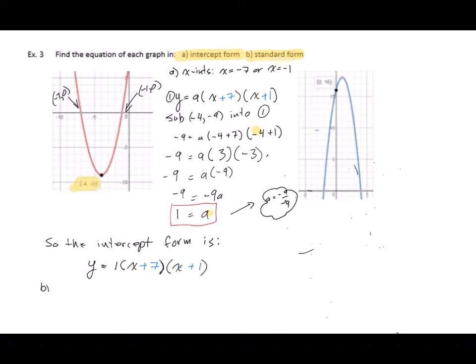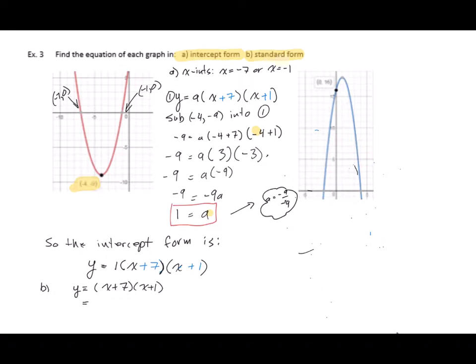So B is asking for the vertex form of our parabola. Oh, the standard form of our parabola. So when we do the standard form, all we have to do is expand this equation. So you start with y is equal to (x + 7)(x + 1).